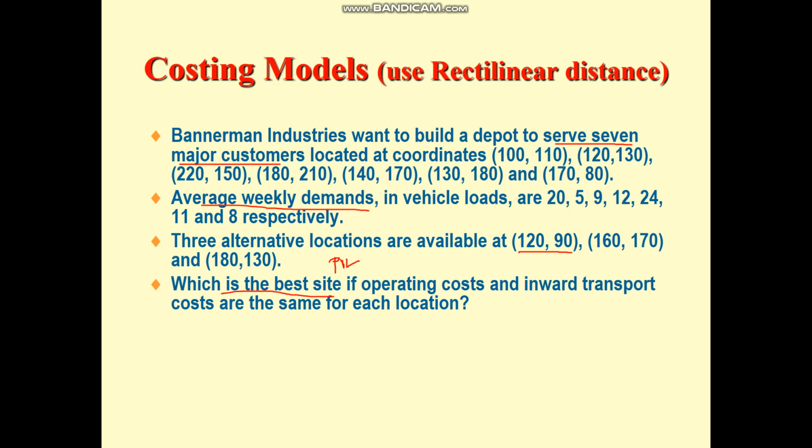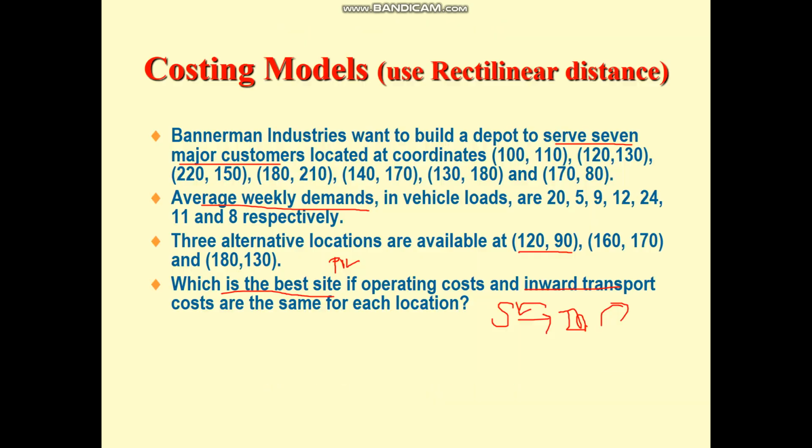If the operating costs and inward transport costs are the same for each location, here we don't consider the distance between supplier and our industry. We assume that the inward transport costs are the same, so we only consider the outward transport cost.